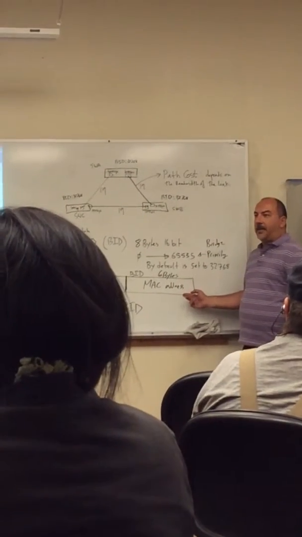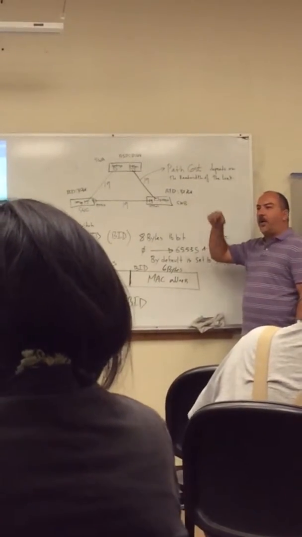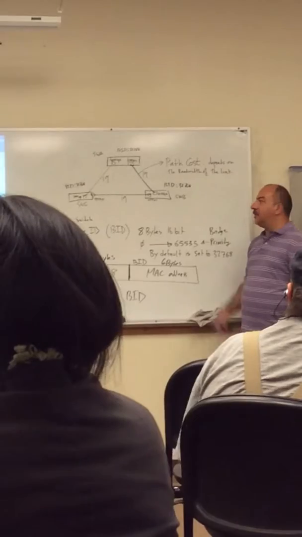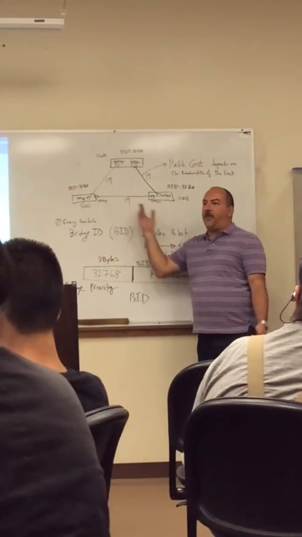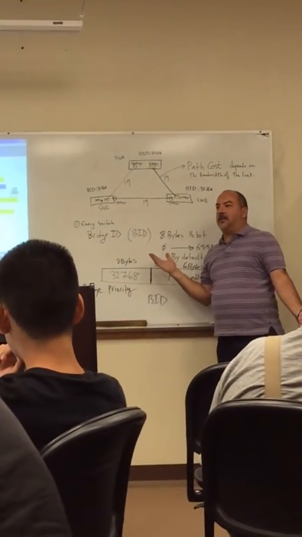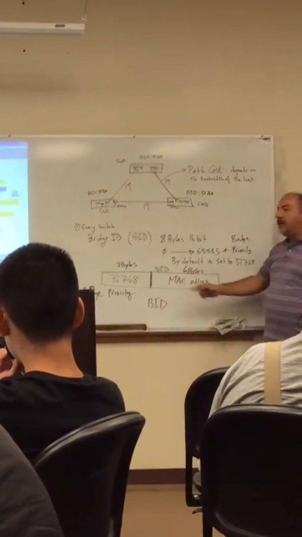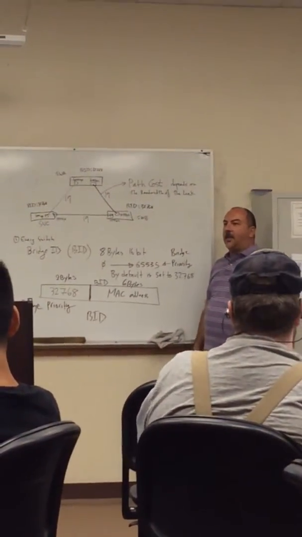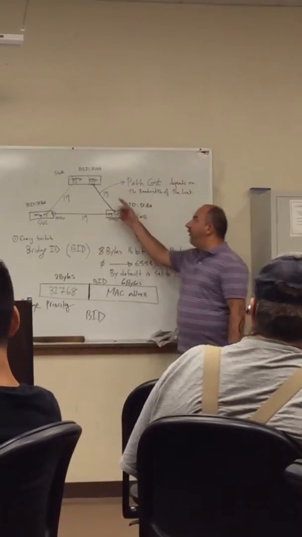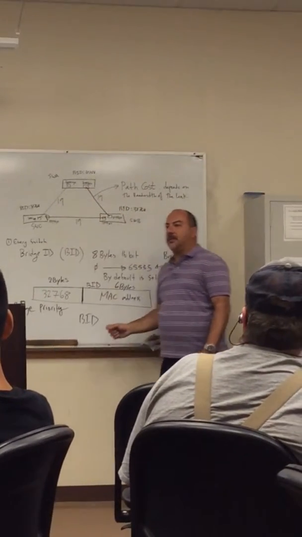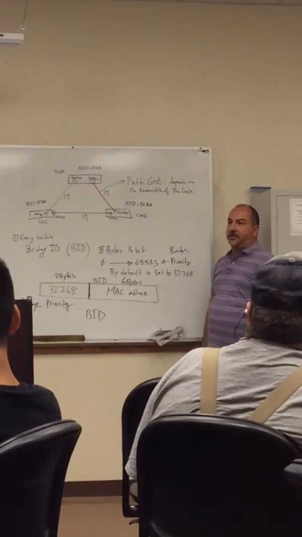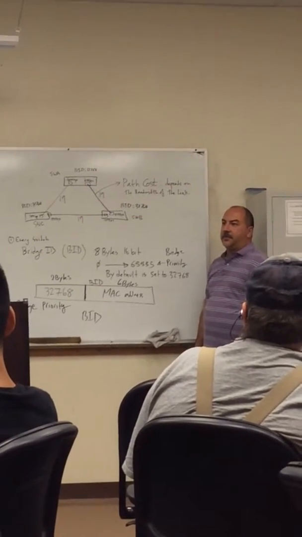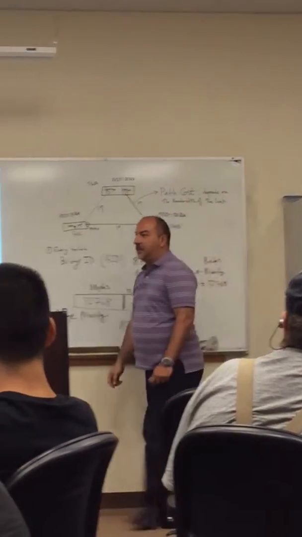Because that's the only thing that's different between these switches, each one is going to have a different MAC address. So the lowest BID really is going to be the MAC address. So what we're saying is look for the switch with the lowest MAC address. Okay? That's what it means.